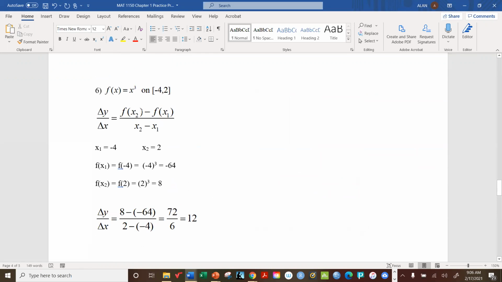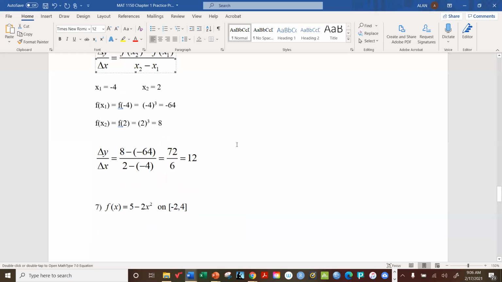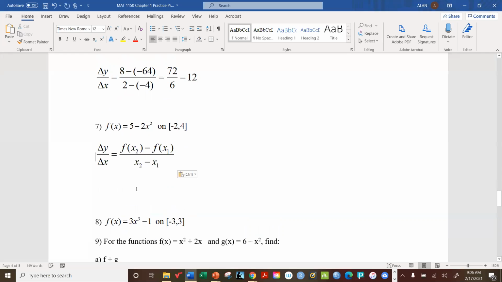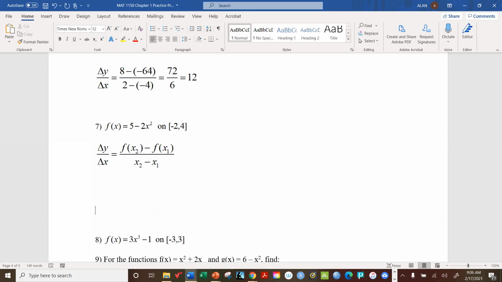Now the next one is getting a little trickier. So x1 is -2.